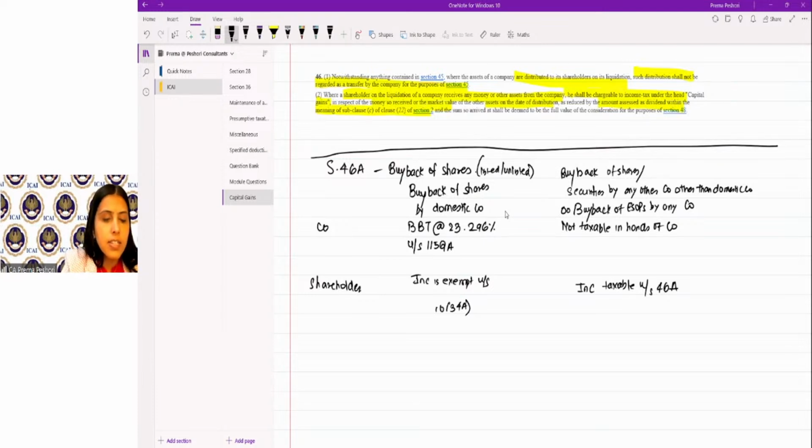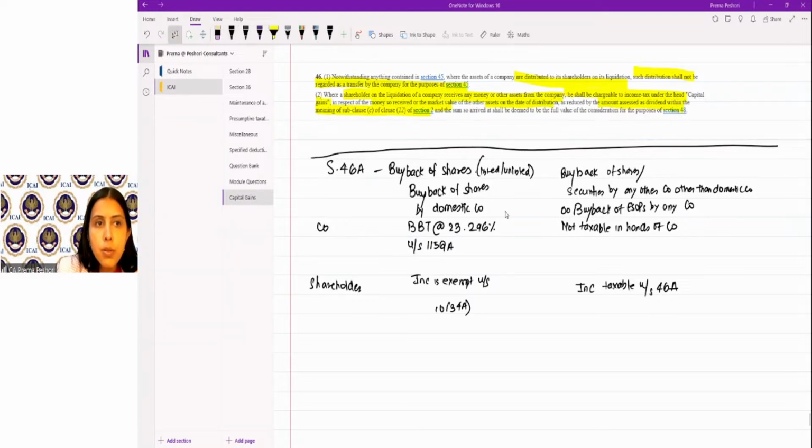If it is listed and unlisted shares, then it is taxable in the hands of the company in the form of buyback tax. If it is the specified securities, which are ESOPs, or if it is by a company other than the domestic company, where the shareholder receives any consideration for the buyback, then it will be taxable in the hands of the shareholder. Are we clear? And how will you compute it?